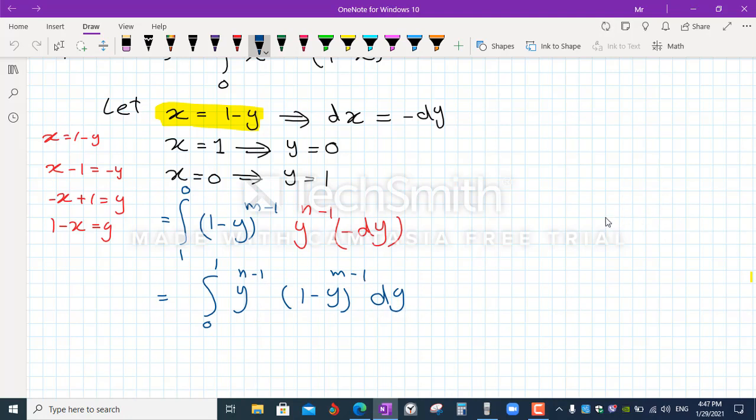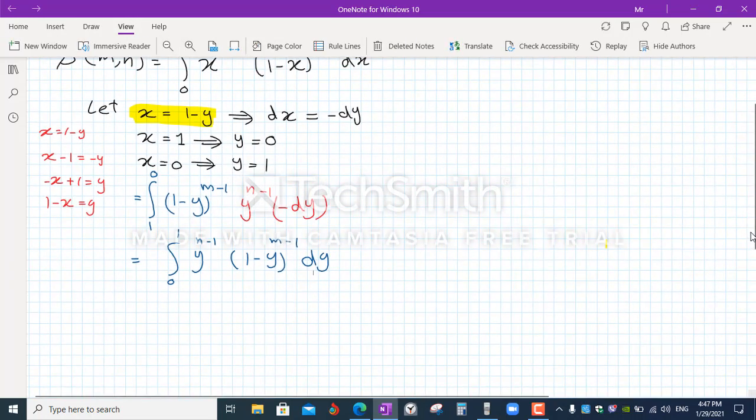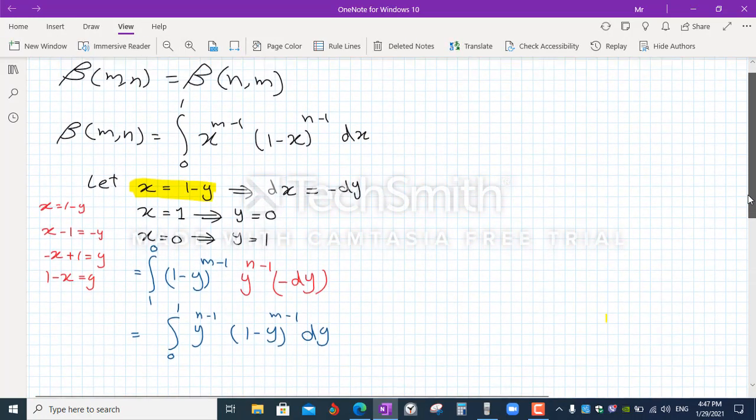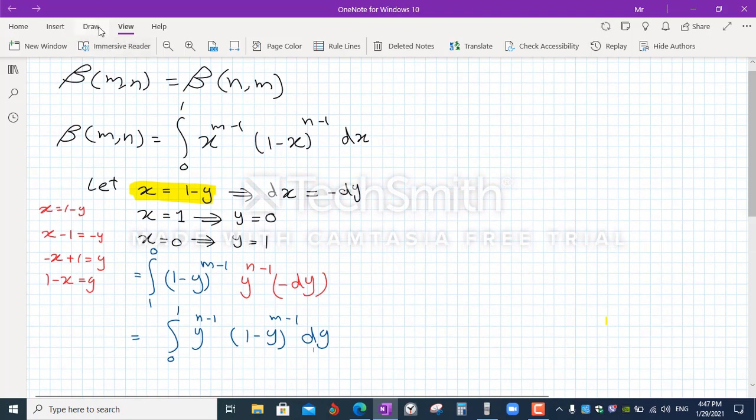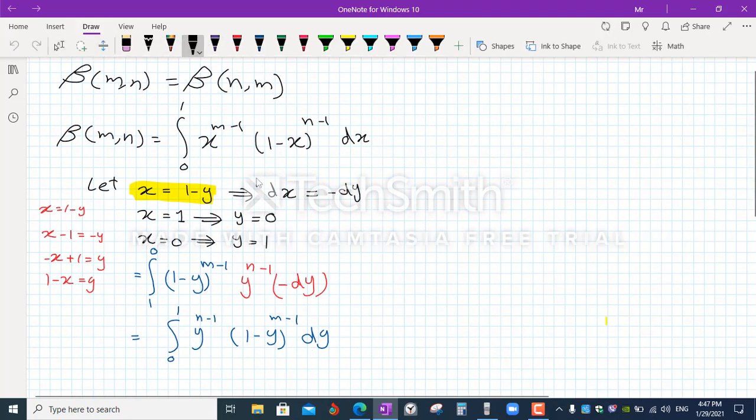And look at the original formula of the beta function. Let me zoom out to give you a look at the whole solution here. See? x to the m minus 1, 1 minus x to the n minus 1. m is the first, n is the second here.